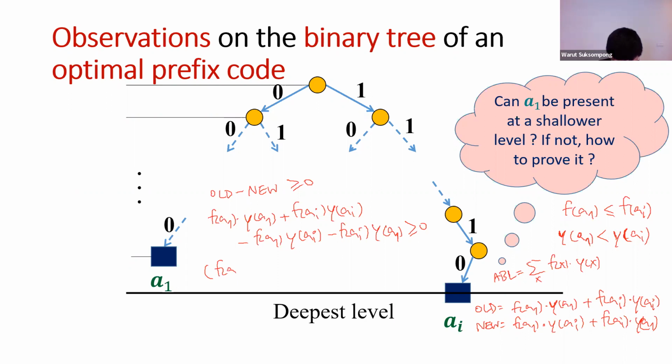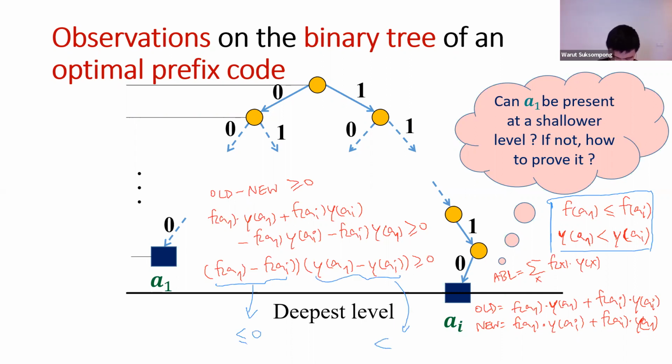Here we have f of A1 minus f of AI, times gamma A1 minus gamma AI, and we want to show this is at least 0. Why is this true? We can just use the assumptions: f of A1 is at most f of AI, and gamma A1 is no more than gamma AI. So f of A1 minus f of AI is less than or equal to 0, and gamma A1 minus gamma AI is also less than or equal to 0.